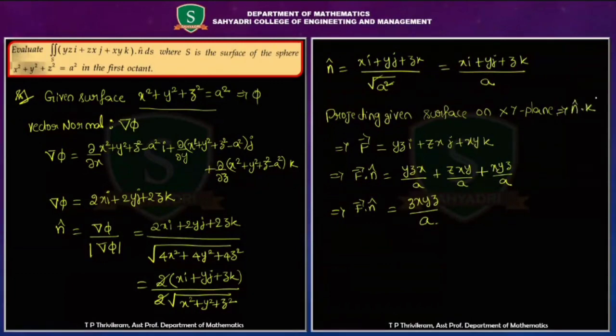Okay, so that means dx dy must be equal to n cap dot k ds. So what is n cap dot k ds? We have to find it.